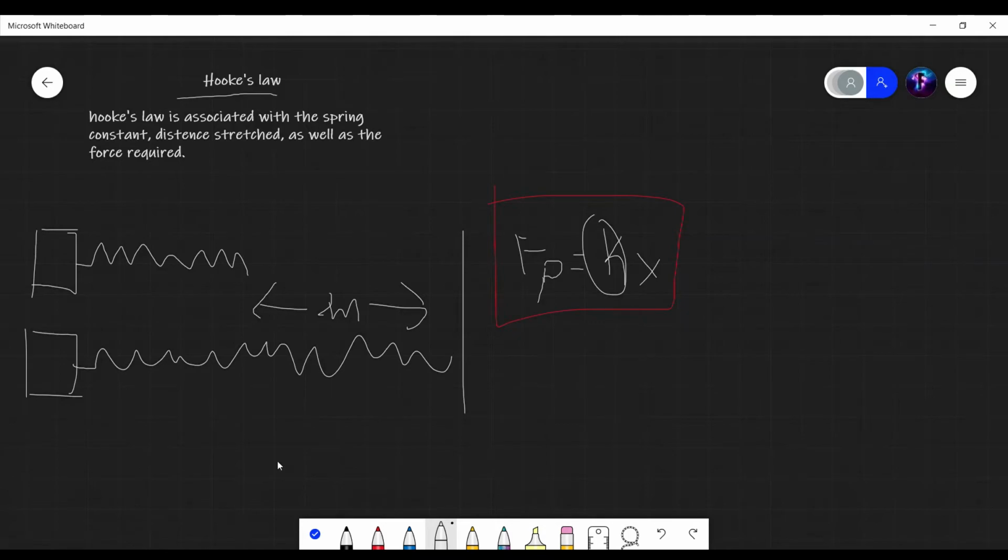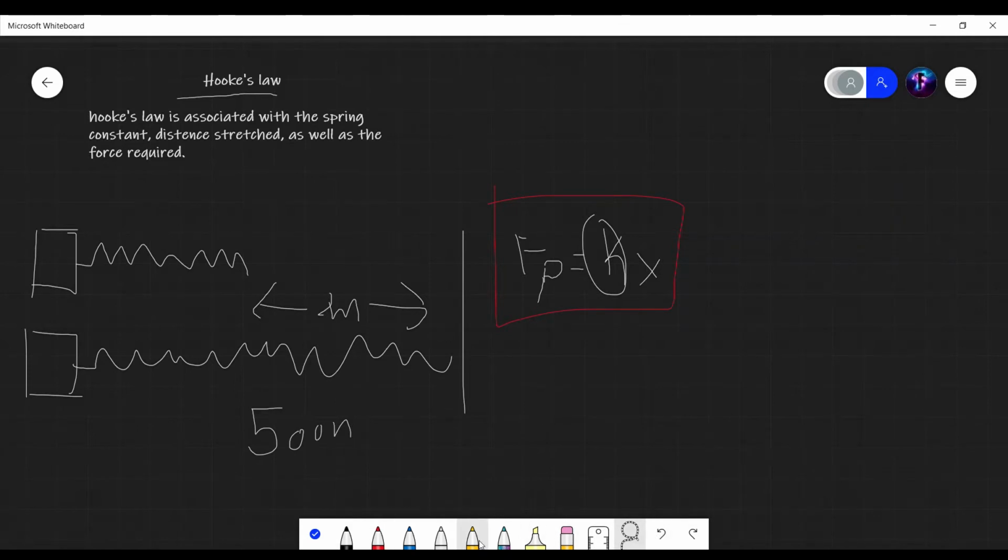Let's just say we require 500 newtons. So what is the spring constant? It requires 500 newtons to stretch 2 meters.